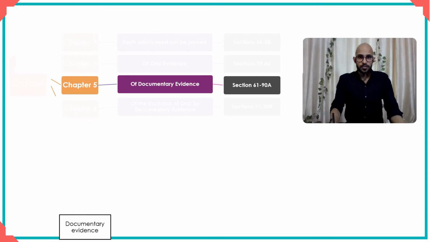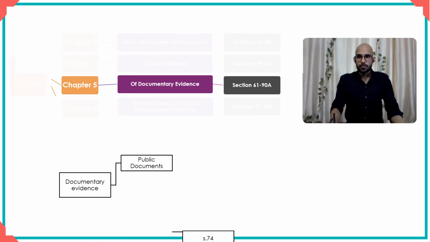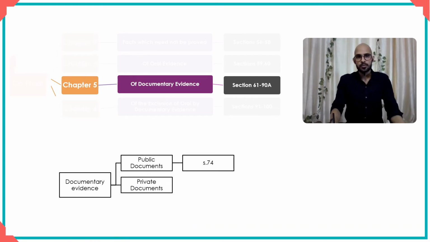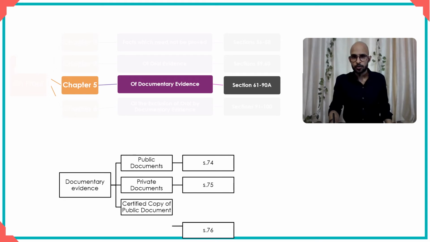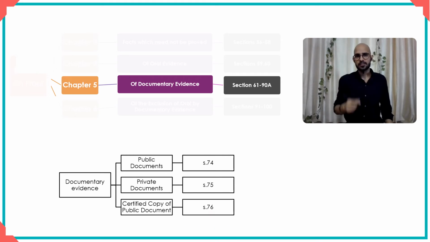Now, in case you're curious, you can go and have a look. Public documents, section 74, private documents, section 75. And now I want to talk about certified copies of public documents, which are given in section 76. Now, you might have appreciated the fact that public documents, the original forms of them, cannot be with you, right?